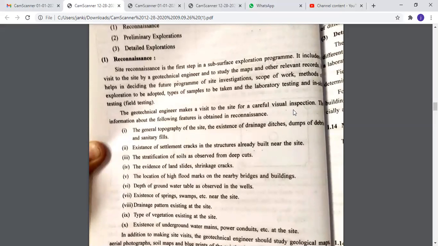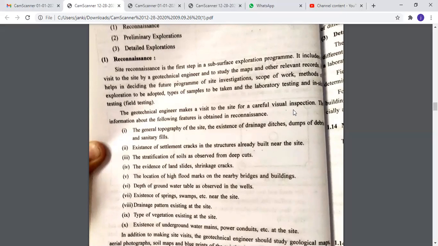Basically, it depends mostly on what exists at the site, right? In addition to making the site visit, geological engineers should study geological maps, aerial photographs, soil maps, and blueprints of the existing buildings, right? The study of maps gives a lot of information about the geological characteristics of the area.